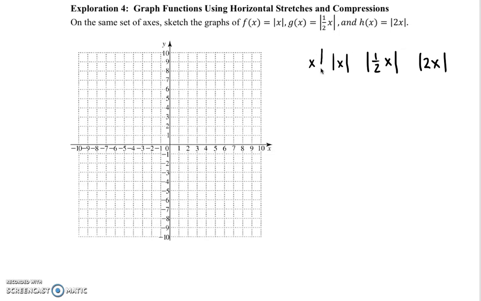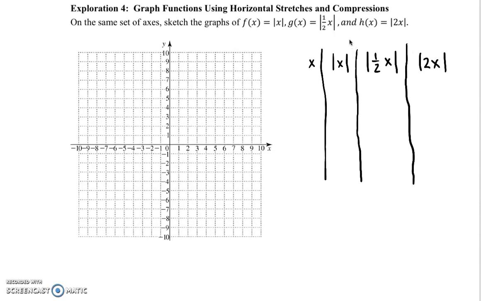So hopefully you notice that the difference between this and the vertical stretches and compressions is this time the things we're multiplying are inside the parent function. Meaning if this is our parent function, the absolute value of x, then the multiplication part is inside the absolute value.